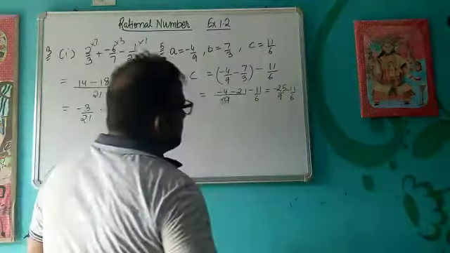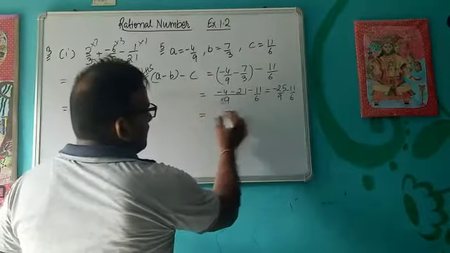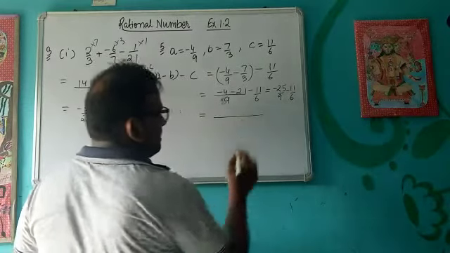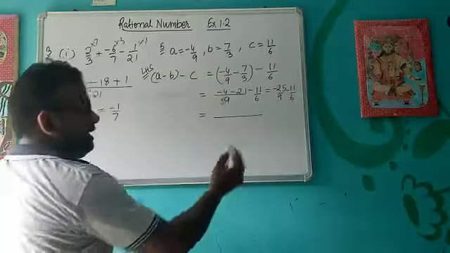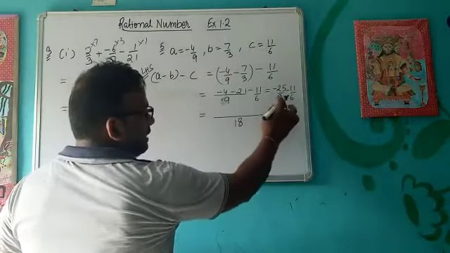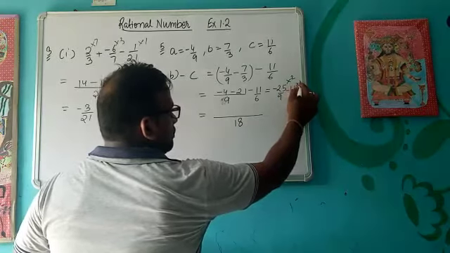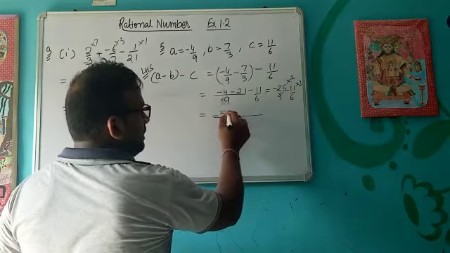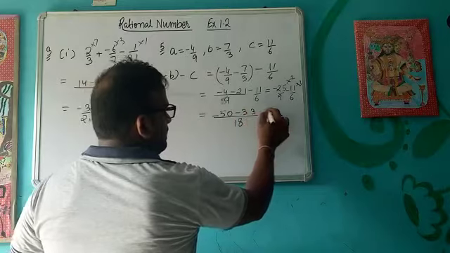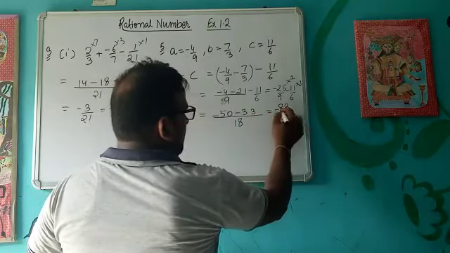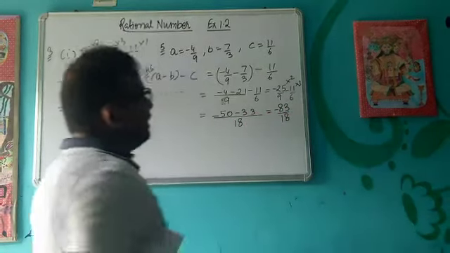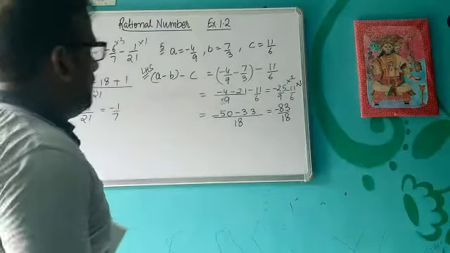So next we will take the LCM of 9 and 6. So the LCM of 9 and 6 will be 18. So 9 into 2 and 6 into 3. You will get minus 50 minus 33, that is minus 83 upon 18. So this is the value of the left hand side.